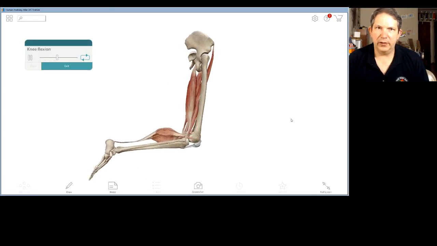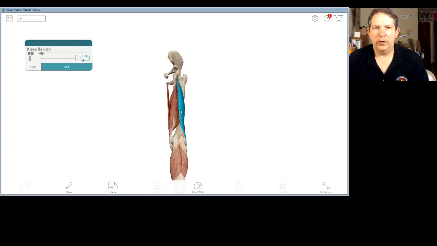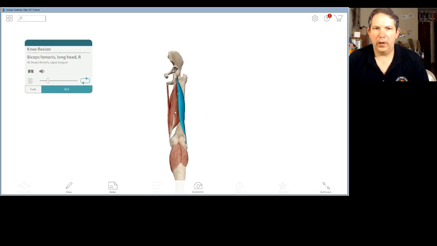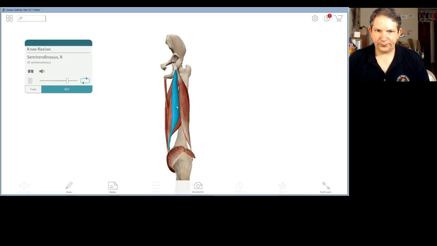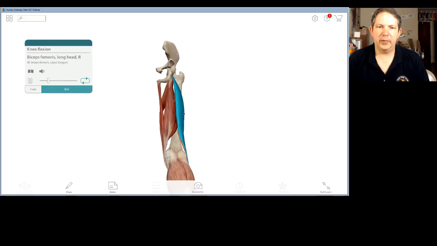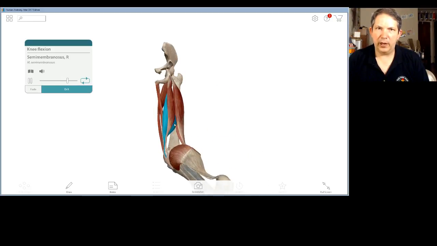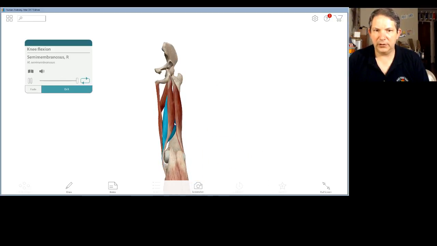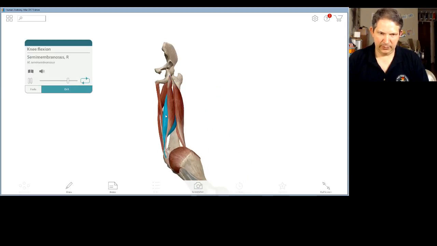That's kind of a major thing, right? Flex your knee. And we have our semitendinosus, biceps femoris, and semimembranosus. Our three muscles together are called the hamstrings. Okay, biceps femoris, semitendinosus, semimembranosus.